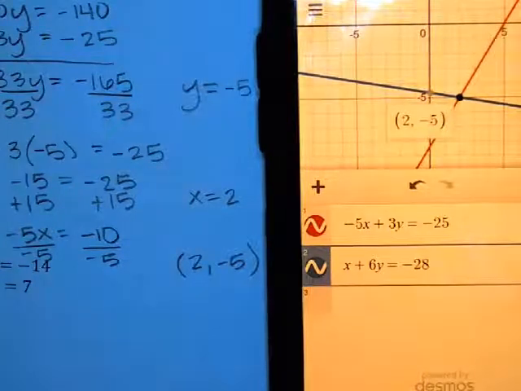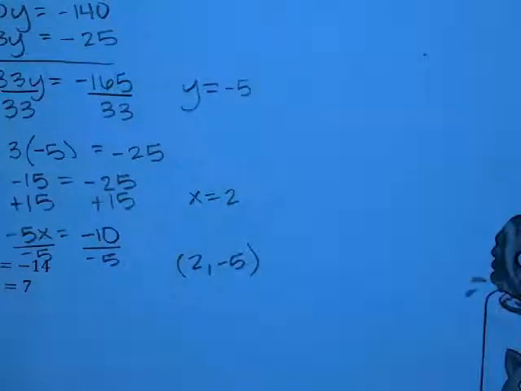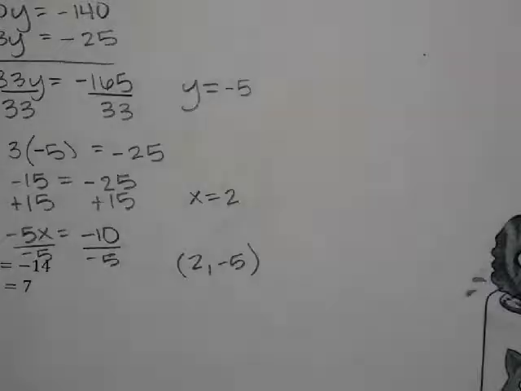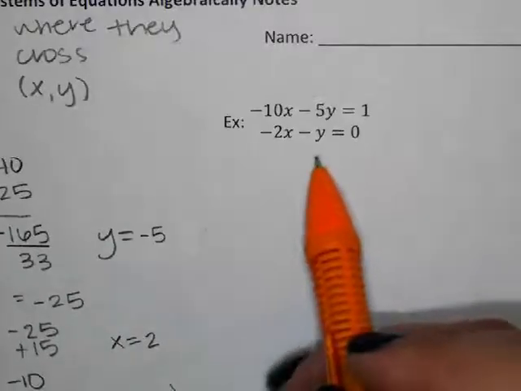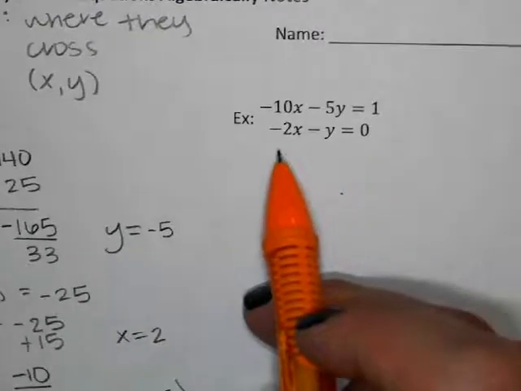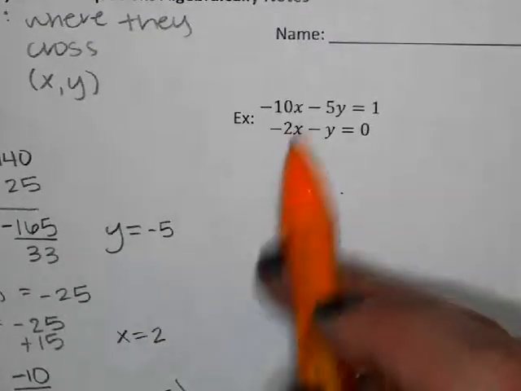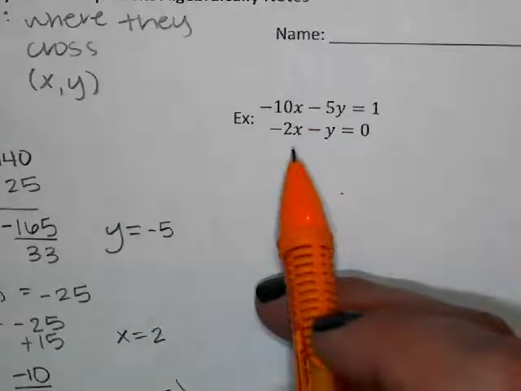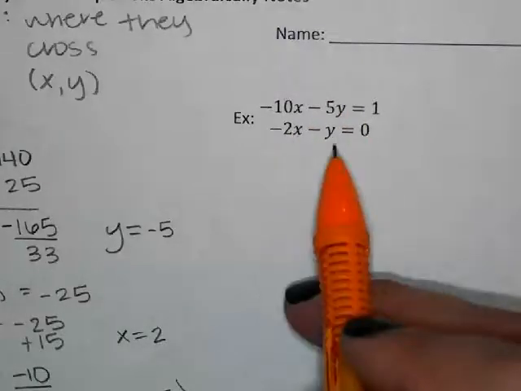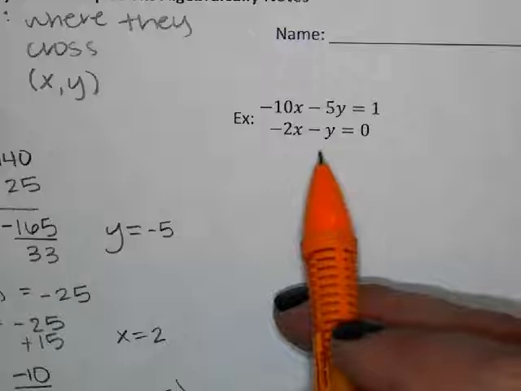We're going to go ahead and try this one over here. Do you guys want to get rid of the x's or do you want to get rid of the y's? X's? Okay. So we can multiply the top line or the bottom line.